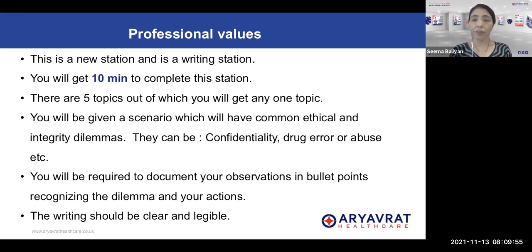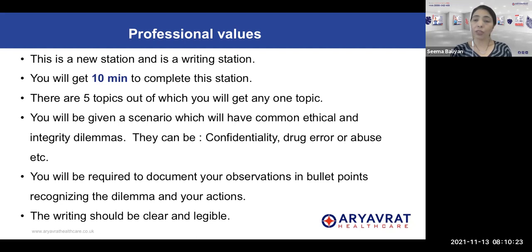The professional values, again, are covered in our reading material, which is already there in the portal, and you will be able to go through all of the relevant things: what is the logic behind each of the professional values, and what those professional values mean. So it is going to be very important for you to go through the reading material, do the quiz, and understand those professional values. Those values are based on the NMC code of practice.